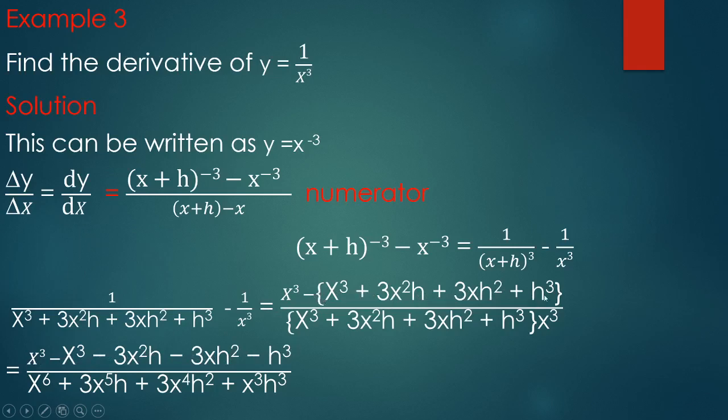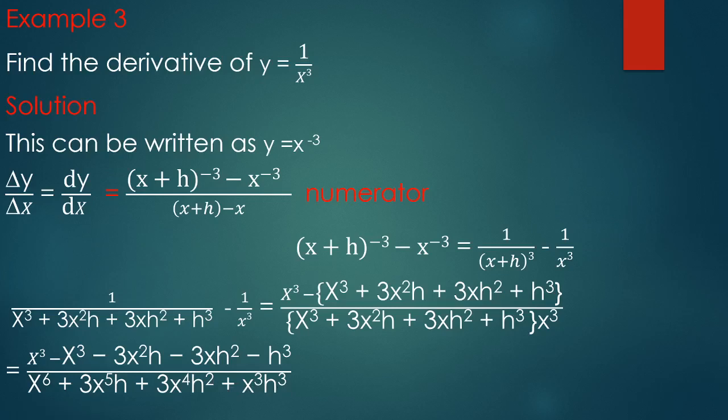All these become negatives. Then all over, this one multiplies, it becomes x to the power 6. It comes here x to the power 5, here x to the power 4, and x cubed here. So we shall have x to the power 6 plus 3x to the power 5 h plus 3x to the power 4 h squared plus x cubed h cubed.